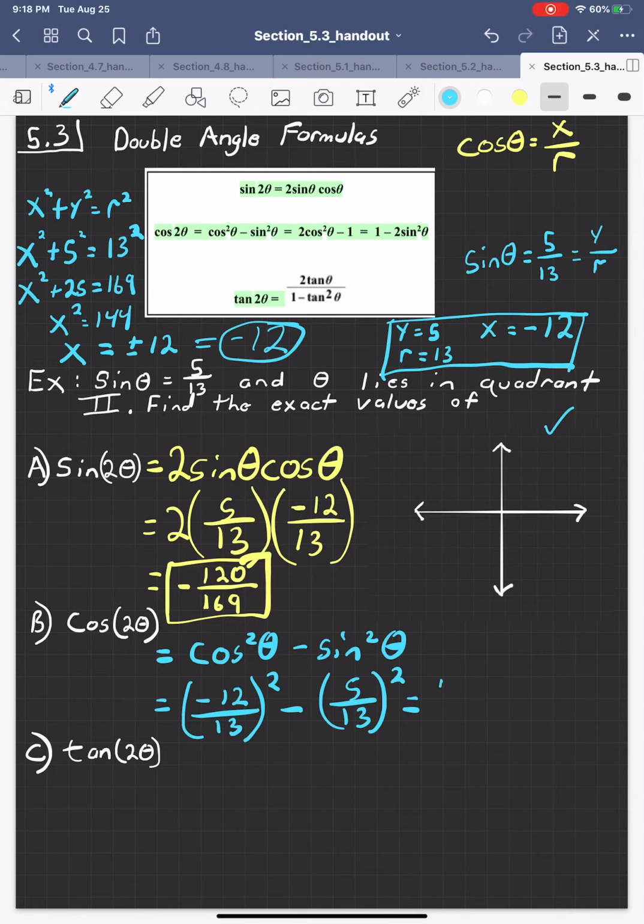We end up, I'll go ahead and write it, 144 over 169 minus 25 over 169. And here it is. All of that is equal to 119 over 169. There's the exact value.